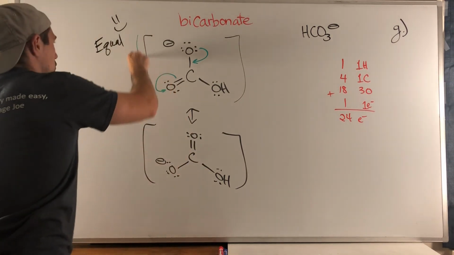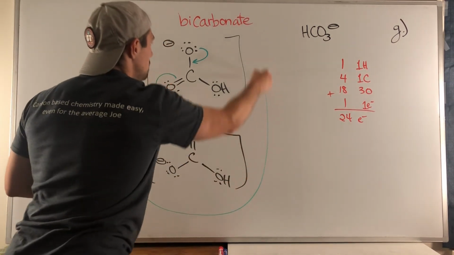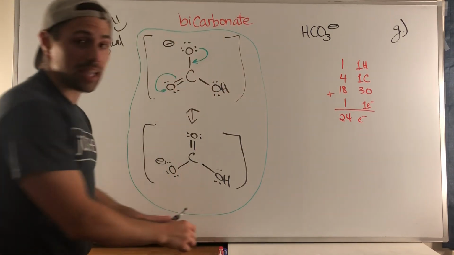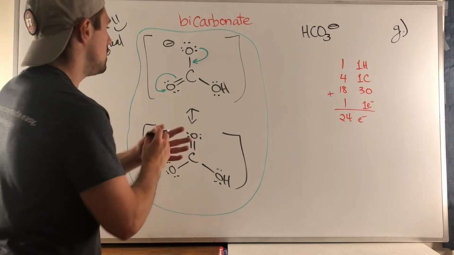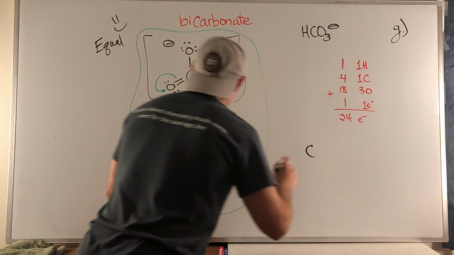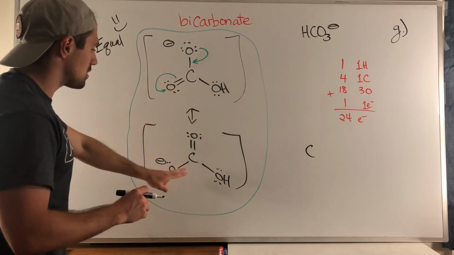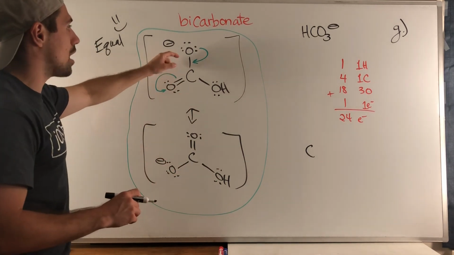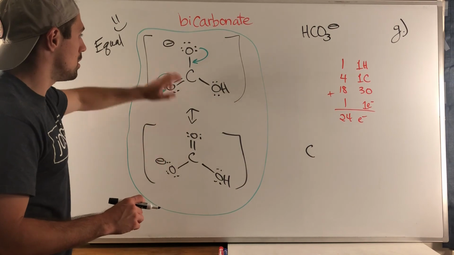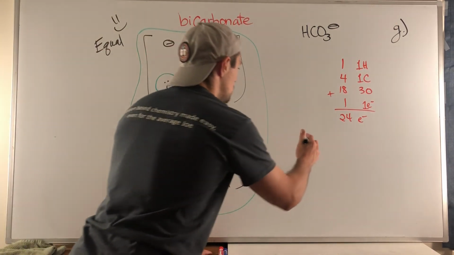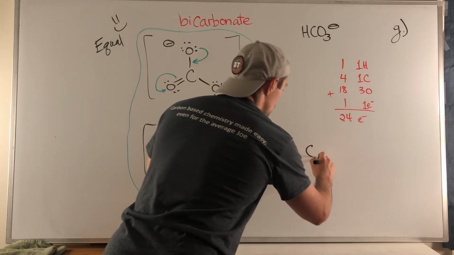If we're going on with our circling, they both contribute. And sometimes this is a very popular example to have this asked with, same with ozone. If you needed to draw it, since it's a single here and a double here, and a double here and a single here, you can almost think of them as not just a single and a double, but more of a 1.5 bond. So very typically you will see bicarbonate drawn like this.